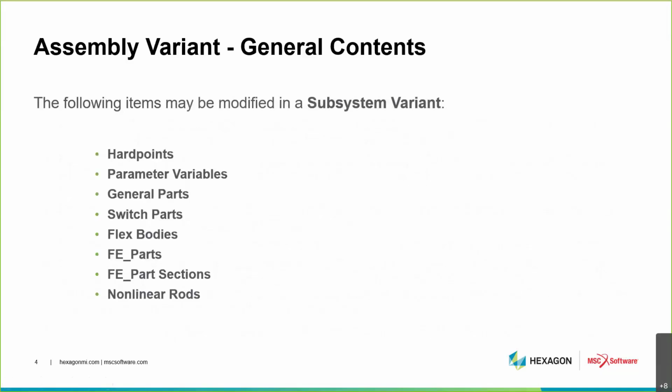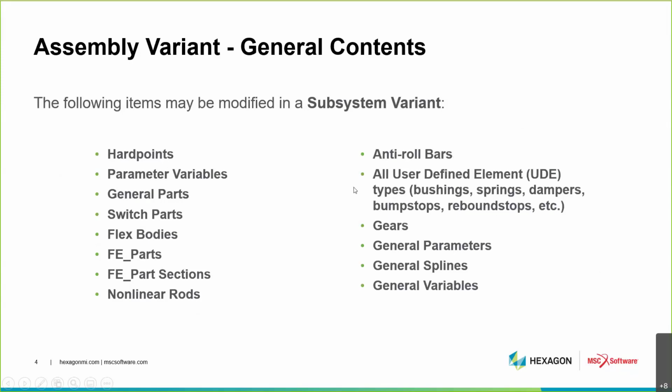Now, at the subsystem variant level, things like hardpoints, parameter variables, general part definitions, switch parts, flex bodies, FE parts, the sections of those FE parts, nonlinear rods, the definition of anti-roll bars, any user-defined elements or UDEs such as springs, bushings, dampers, bump stops, etc., are part of the subsystems and can vary between subsystem variants, as can gears, general parameters, the spline definitions, and any general variables that are used to define a subsystem.